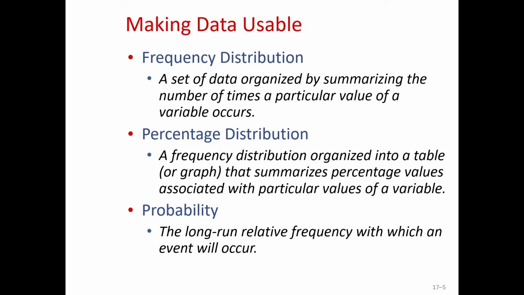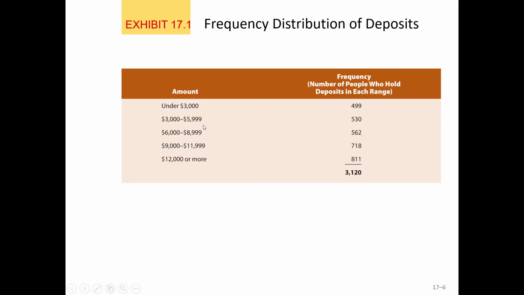Inferential statistics uses the concept of probability distribution, which is conceptually the same as percentage distribution, except that the data are converted into probabilities. And here we have frequencies, the number of people who hold deposits in each range. For example, you have exactly the number and then the total 3,120.